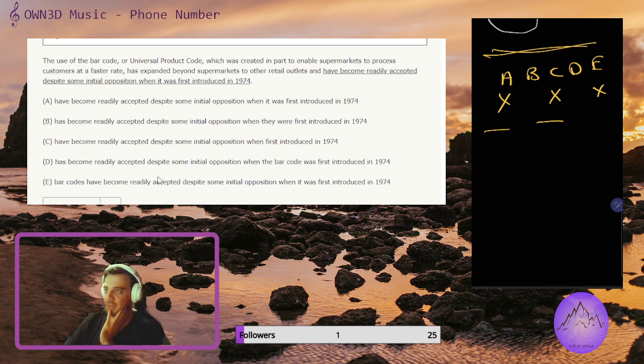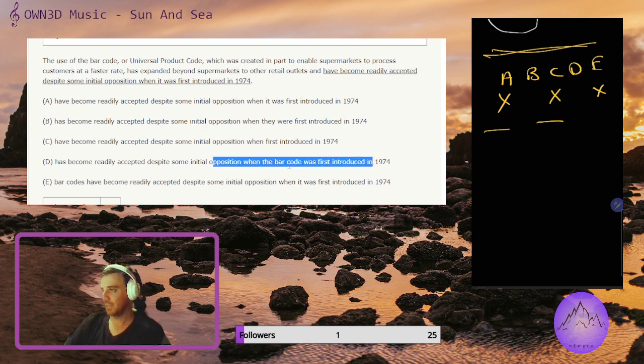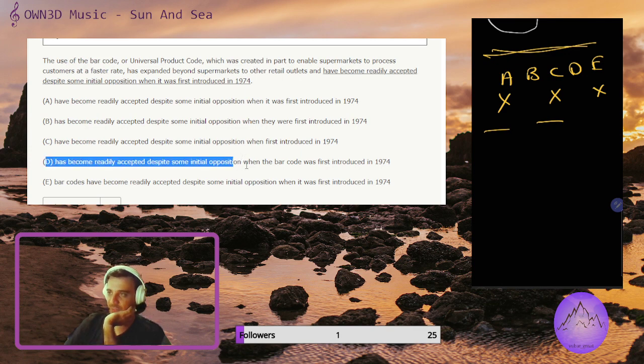That's what needed to be down here when they were, because we do talk about barcodes there. So this one is right because we don't have a good pronoun there. So we say has become readily accepted despite some initial opposition when the barcode was first introduced. So now, yeah, that describes the time. So that's why it's D.